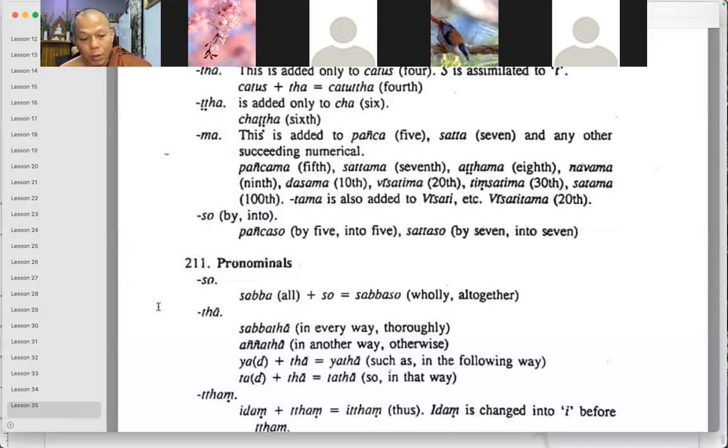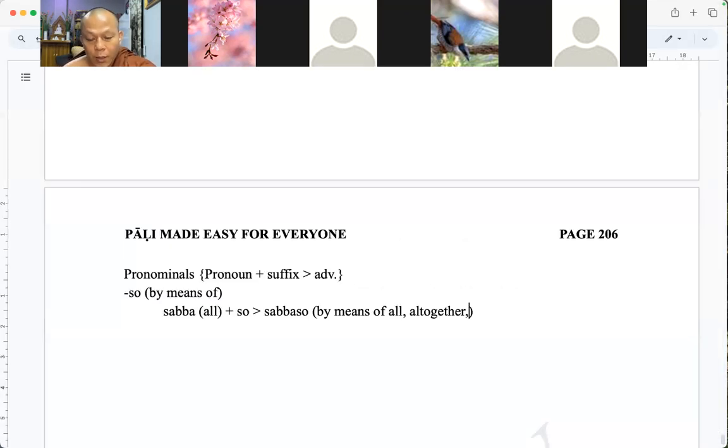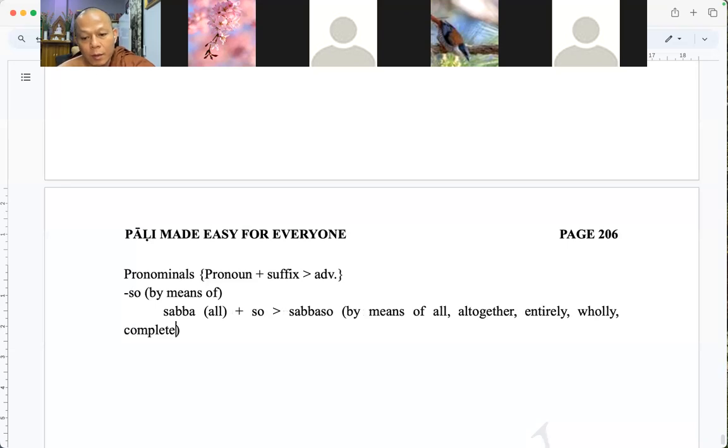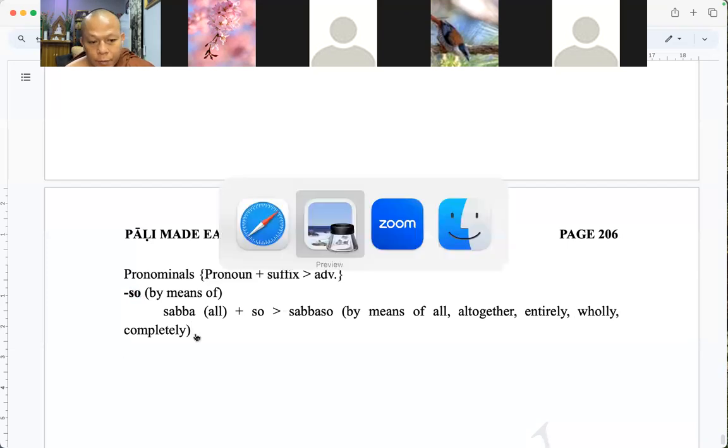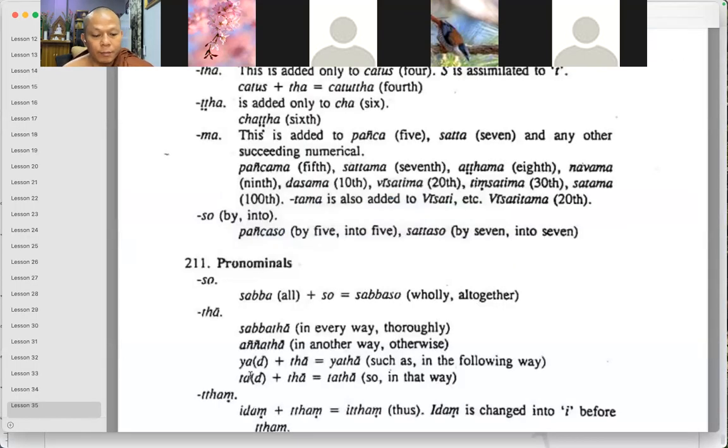Yeah, all together, or maybe the other one as an adverb: entirely, or wholly, and then completely. So it can be in this way based on the context. Sabba so. So only with the sabba, the other one is not found there.